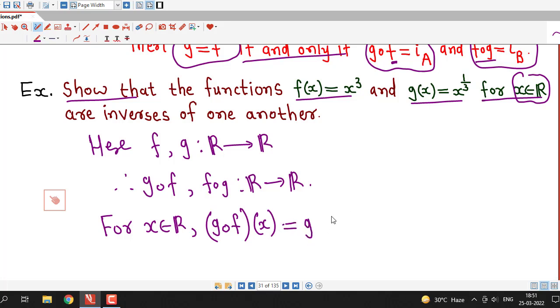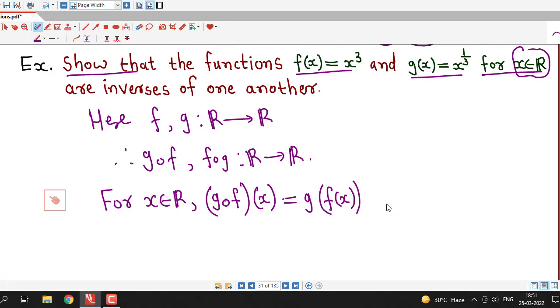By the definition of composition, this is equal to g of f(x). f(x) is given as x cube, so here we replace f(x) by x cube. g(x) is x raised to 1 by 3.